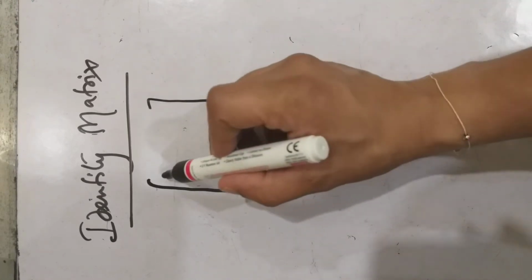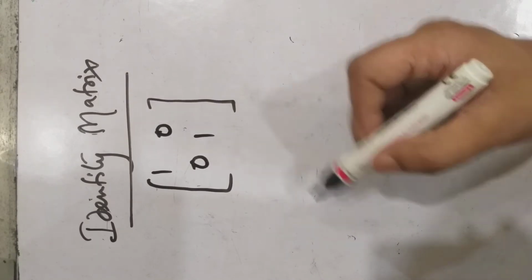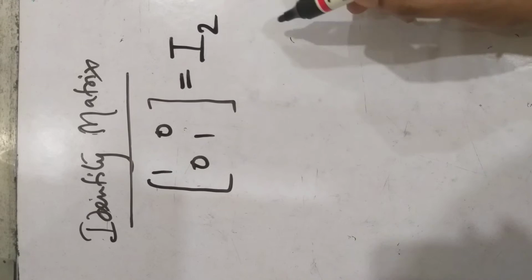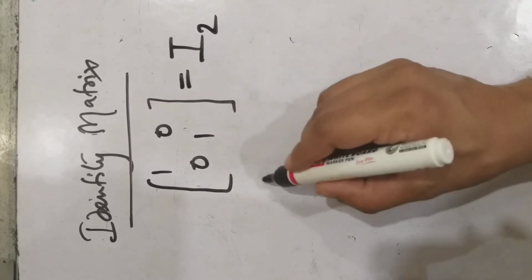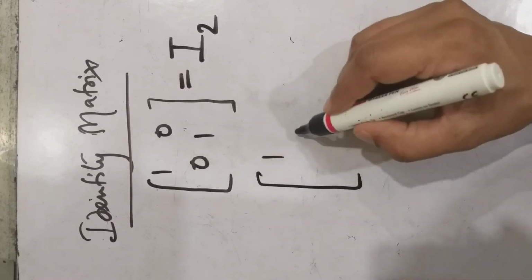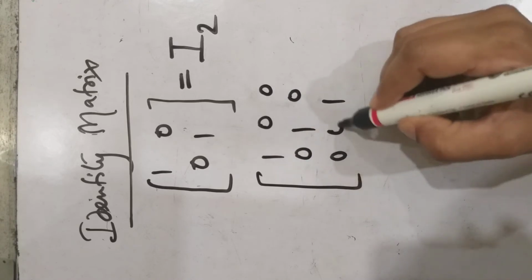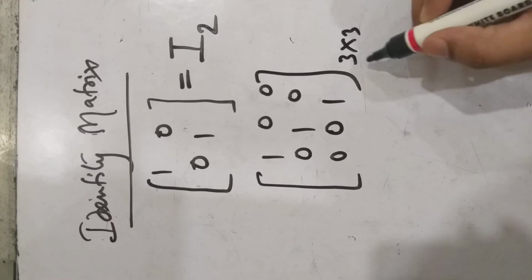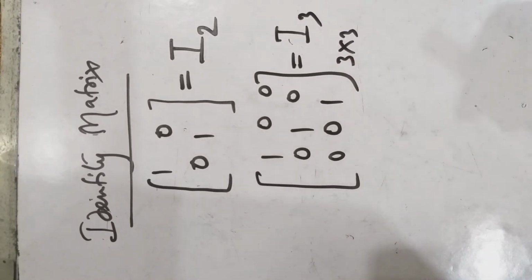So an identity matrix has its diagonal elements 1 and non-diagonal elements 0. This can also be written as I2, which means a matrix of order 2. There can be an identity matrix with 3 rows and 3 columns, denoted as I3, identity matrix of order 3.